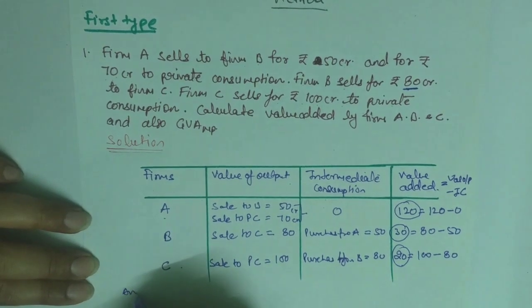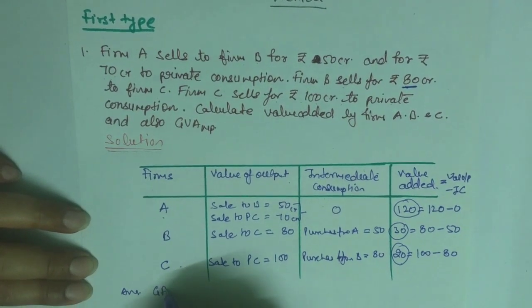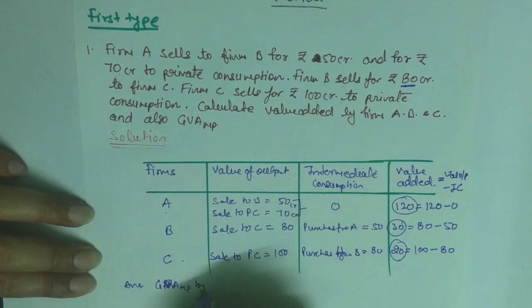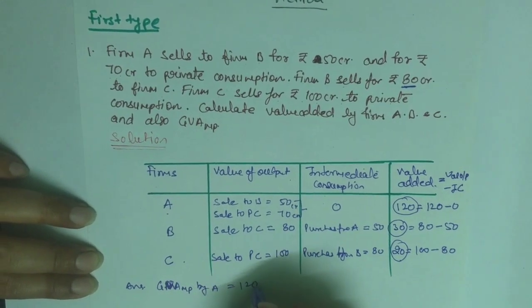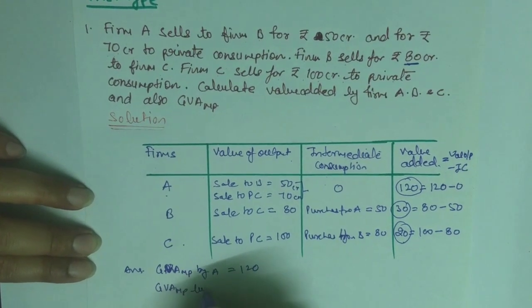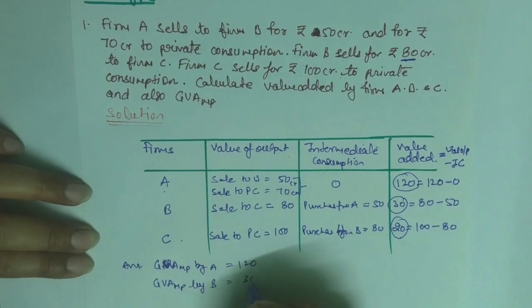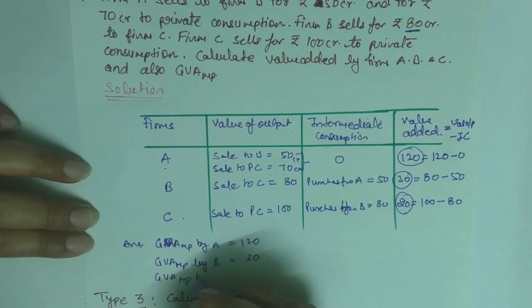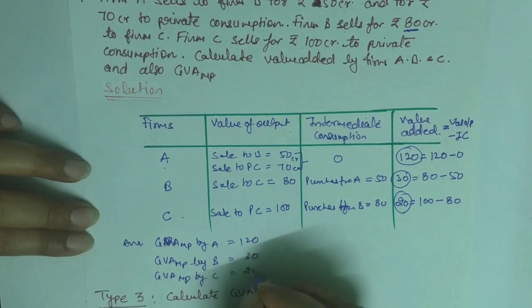So here we'll write the answer now. GVA MP by A is 120. GVA MP by B is 30, and GVA MP by C is 20.